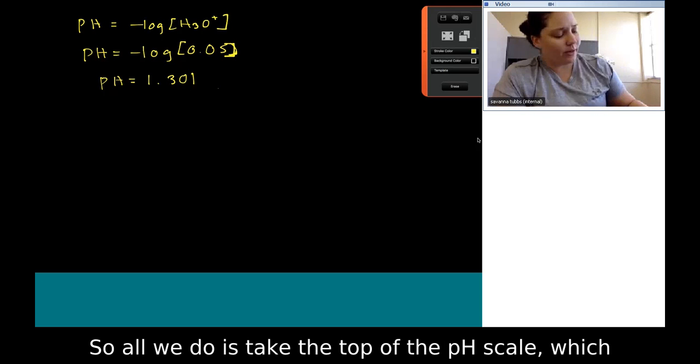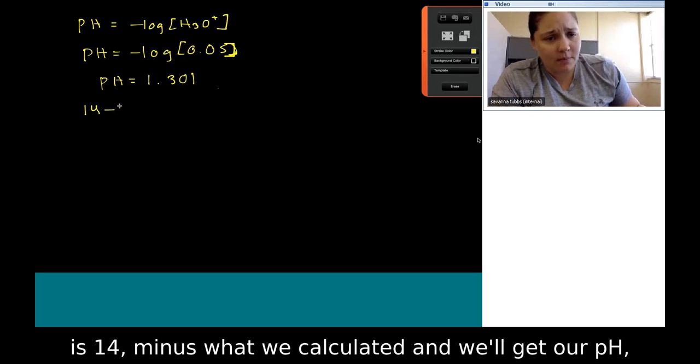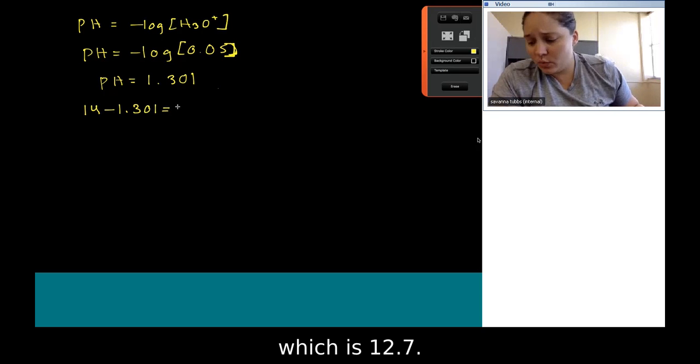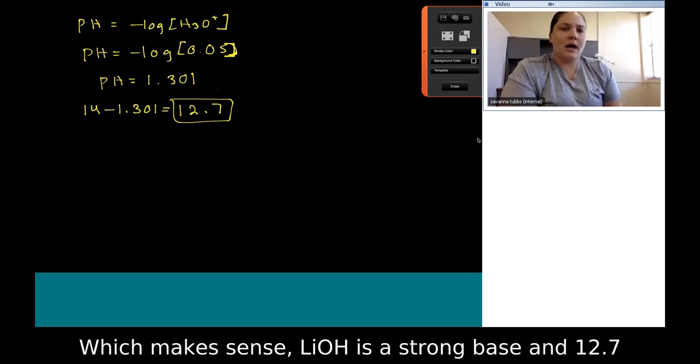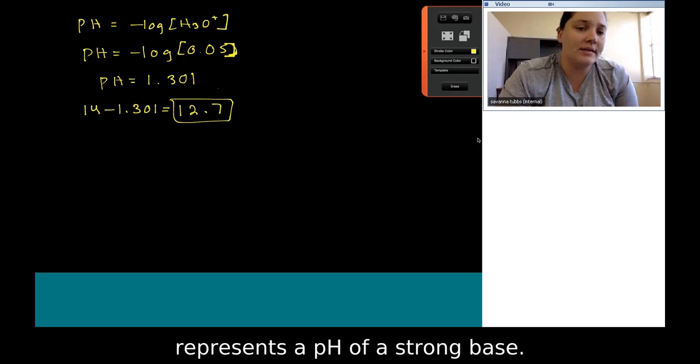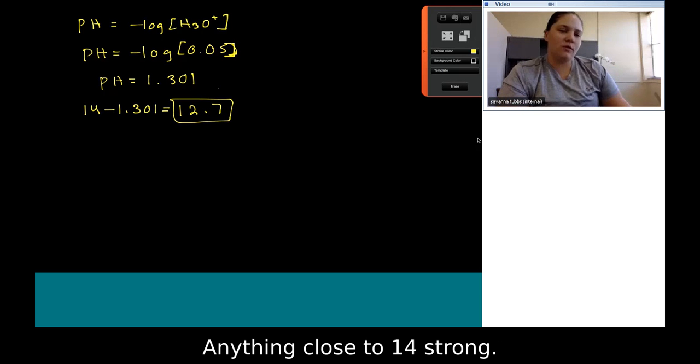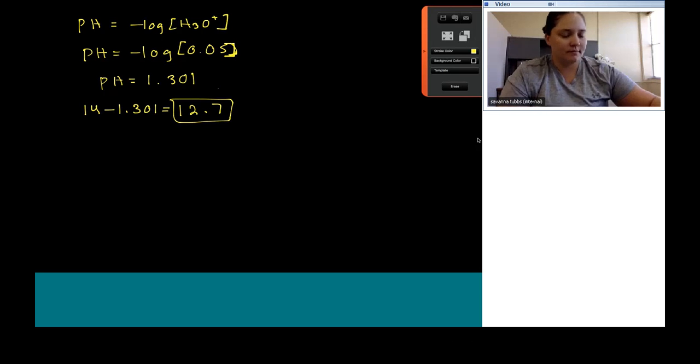So all we do is take the top of the pH scale, which is 14, minus what we calculated, and we'll get our pH, which is 12.7, which makes sense. LiOH is a strong base, and 12.7 represents a pH of a strong base. Anything close to 14, strong.